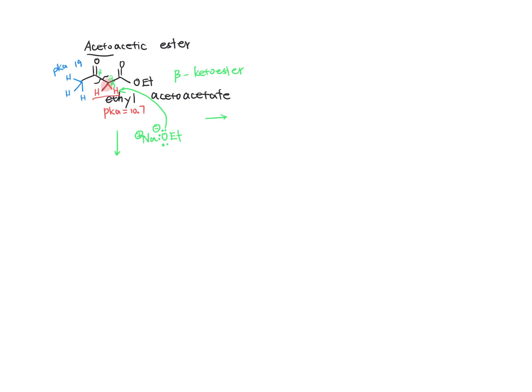So what we have here is this very resonance stabilized enolate, which can act as a nucleophile. We are also going to draw out the resonance, and we are going to have three resonance structures to show that this negative charge is very stabilized.